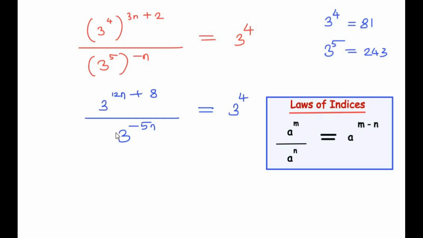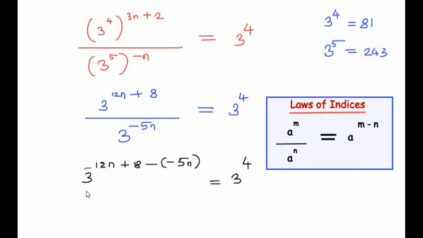So here we can see that the bases are same on the left hand side, 3 and 3. So we are going to subtract the powers and write here 3 to the power of 12n plus 8 minus of minus 5n. So we are subtracting the denominator power from the numerator power is equal to 3 to the power of 4.